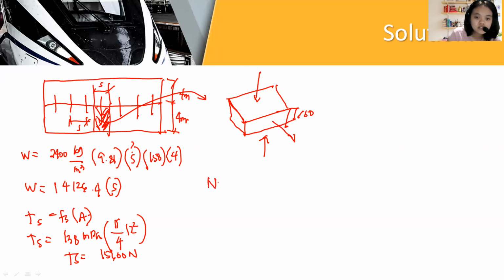Yung normal should be, normal stress is, supposedly, it is equal to your, dapat equal yan sa inyong normal. Kasi summation of forces horizontal, it should be in equilibrium. Okay, how about naman yung force affected by a friction? So meron tayo mu, yung mu natin multiplied dapat siya sa n.